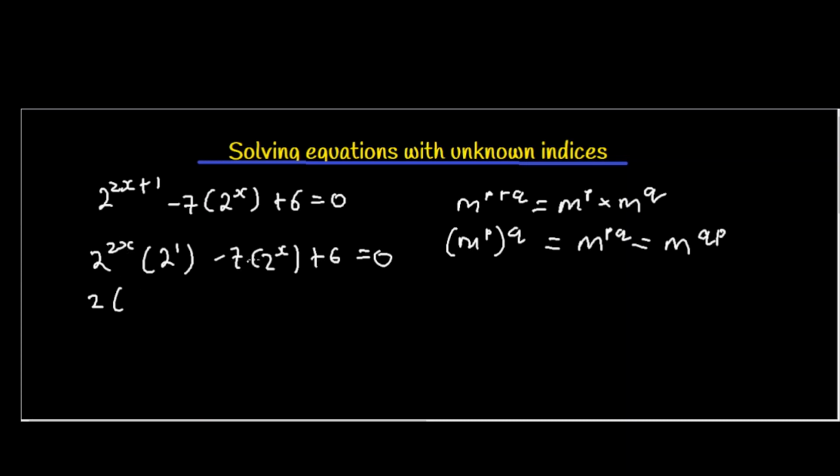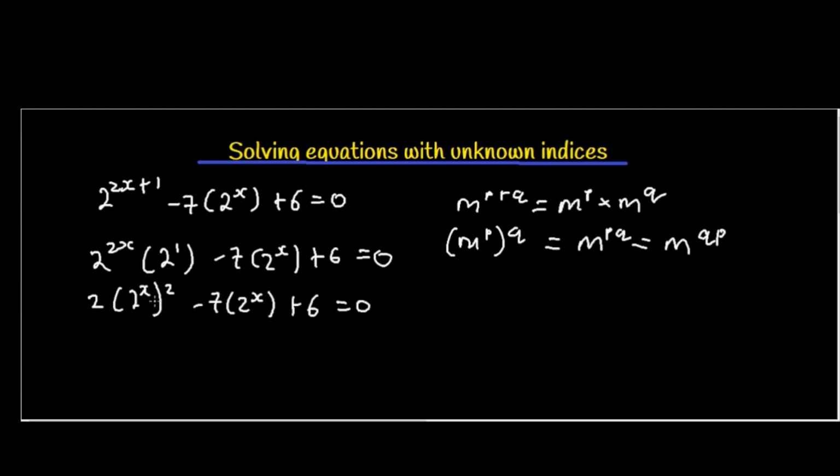Using this rule, we can make another expression whereby you have 2 to power x, because x is going to be the unknown. So we shall have this as 2 to power x, and then here we shall have squared using this rule. And then we have minus 7 into 2 power x, then plus 6 equal to 0.